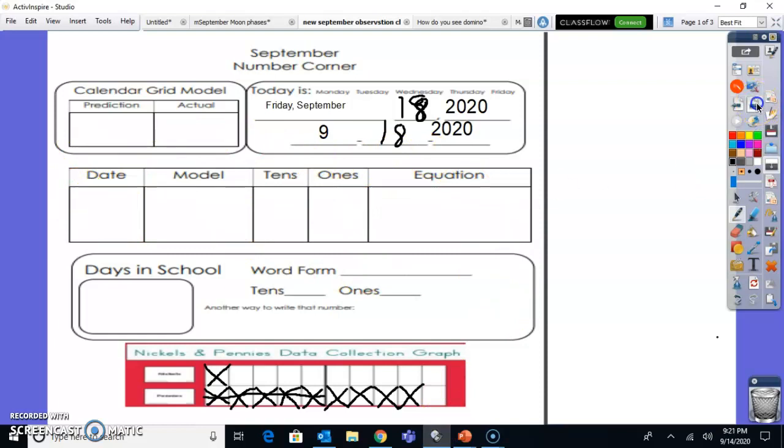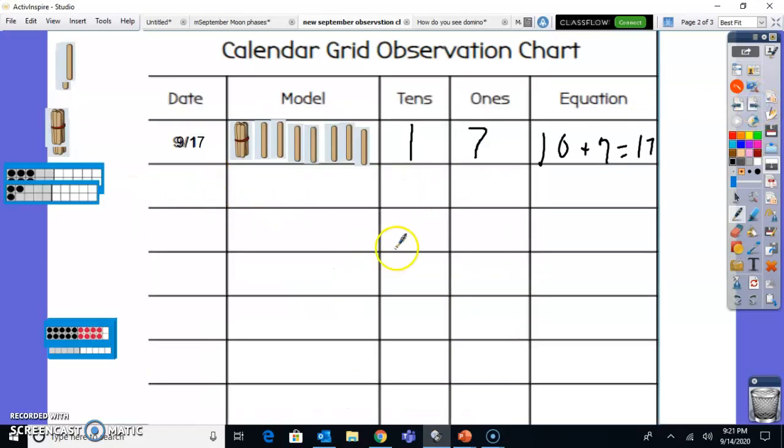Okay, so you are going to fill out this part. I am going to fill out our big one. I moved some things because we were running out of room. So today is September 18th. Okay, and we have a picture. We have dots.